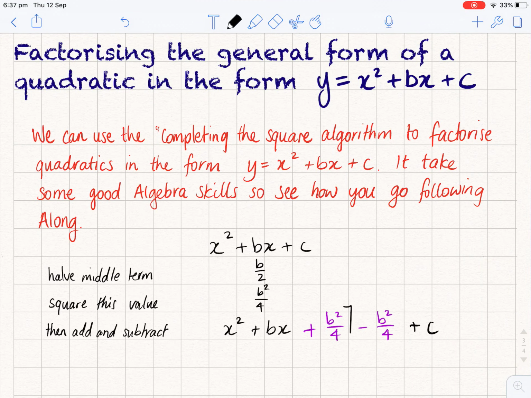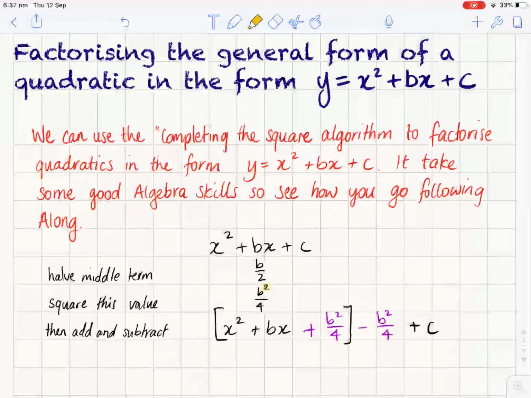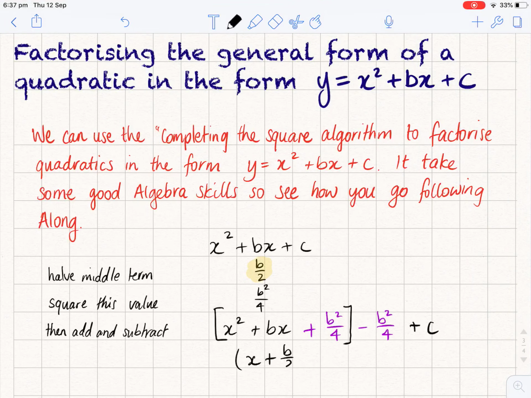Like we did when we had numbers, those first 3 terms can always be factorised, and it will become a perfect square. This b over 2 becomes the factor of the linear expression. So it will be x plus b over 2 all squared minus b squared over 4 plus c.